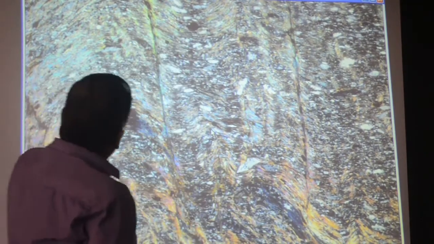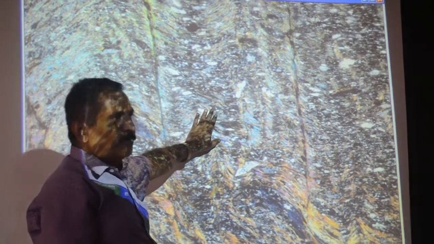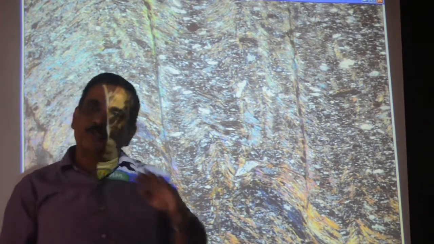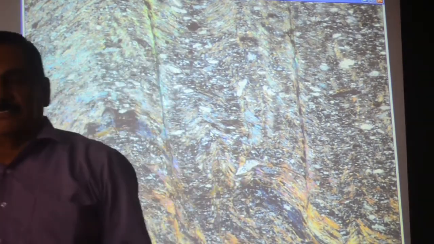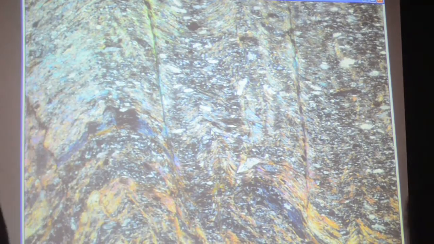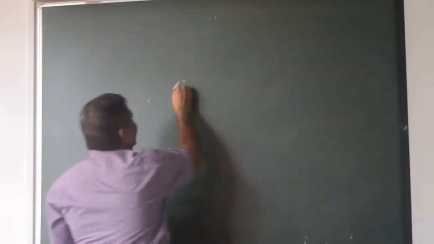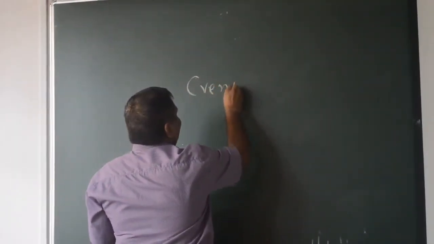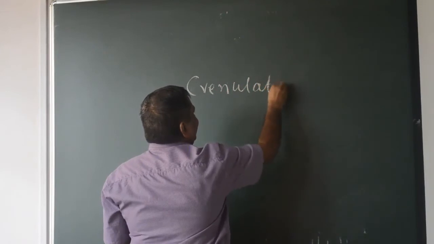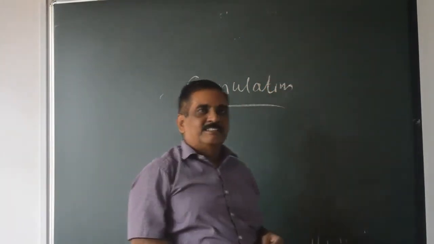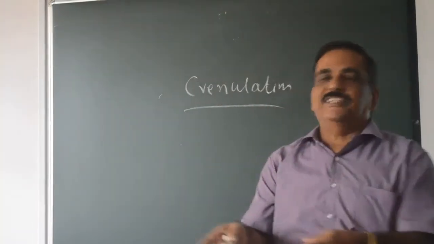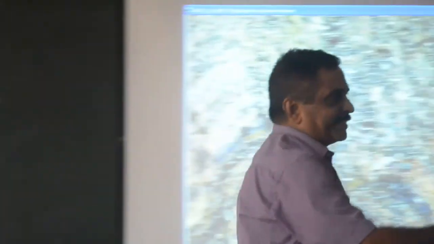Now these folds, F2 folds or F3 folds, are also called granulation. F2 folds or F3 folds are also called granulation. I'll come to that point. What is called a granulation? It could be F2, it could be F3, but F1 cannot be granulation.